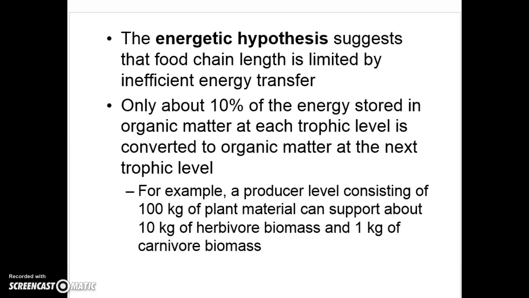For example, a producer level can have 100 kilograms of biomass of its plant material, but that can only support about 10 kilograms of herbivore biomass because of that inefficient 10% energy transfer. And then that 10 kilograms of herbivore will only support 1 kilogram of the next carnivore biomass, the primary carnivore.